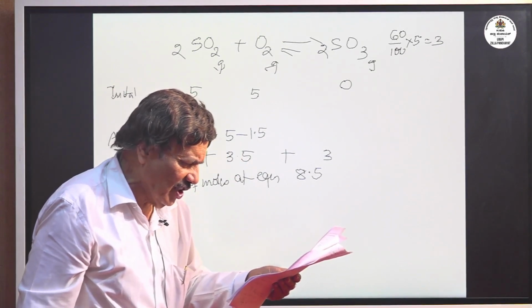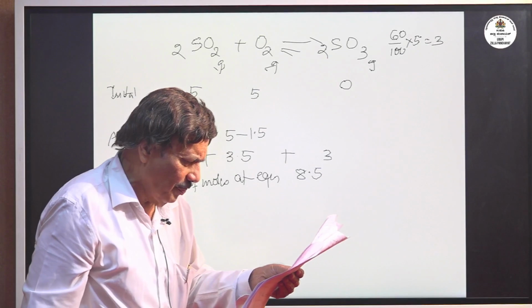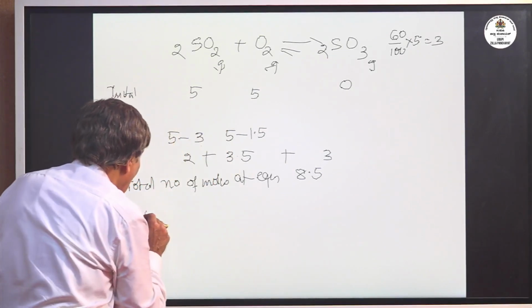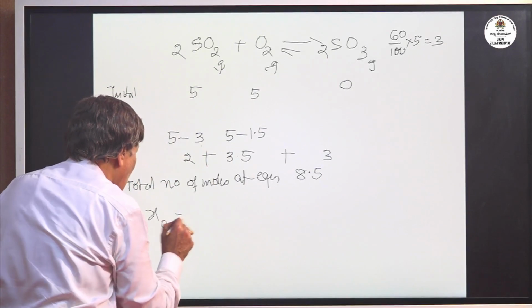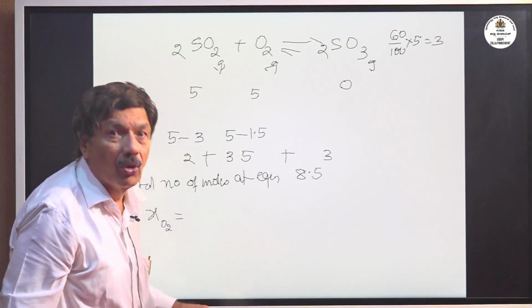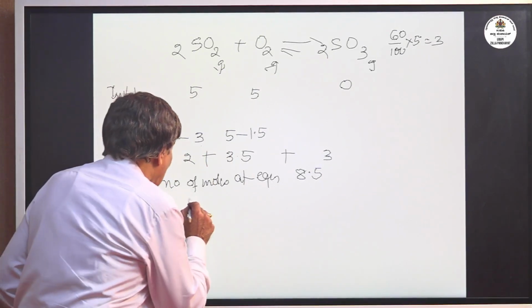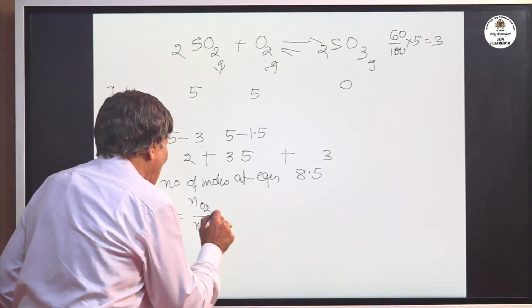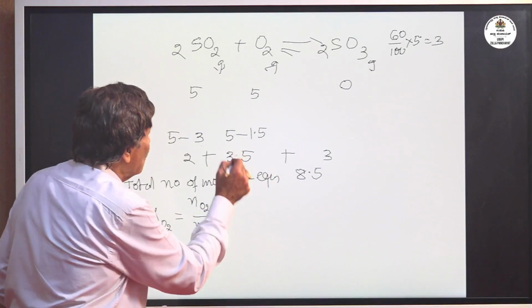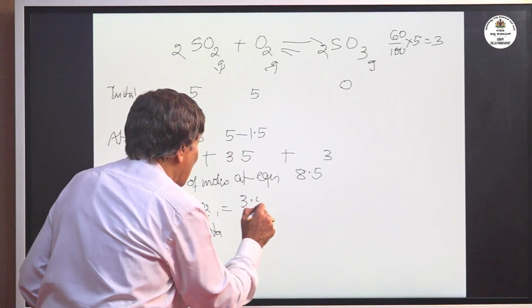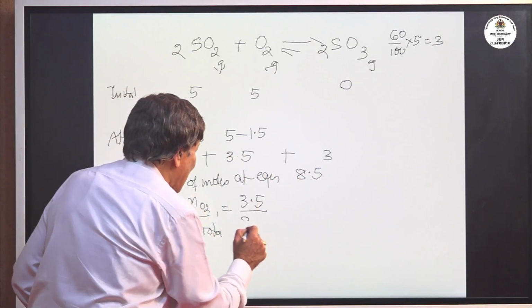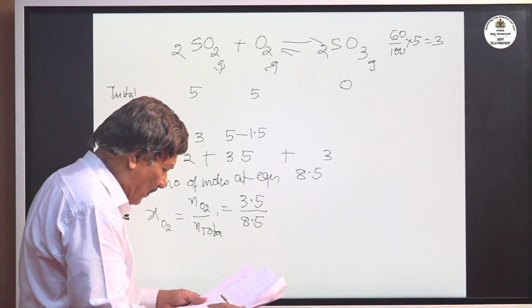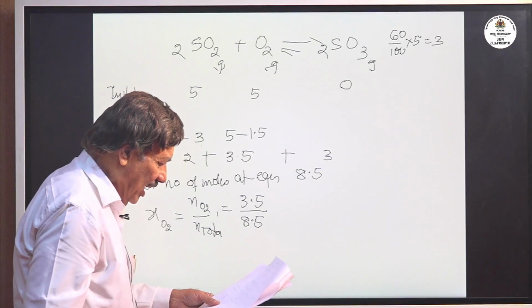They have asked the partial pressure of O2 at equilibrium. Now we will find out the mole fraction of O2. For mole fraction, X is the symbol. Mole fraction of O2 is number of moles of O2 divided by N total. Number of moles of O2 is 3.5, divided by total number 8.5. So 3.5 by 8.5.